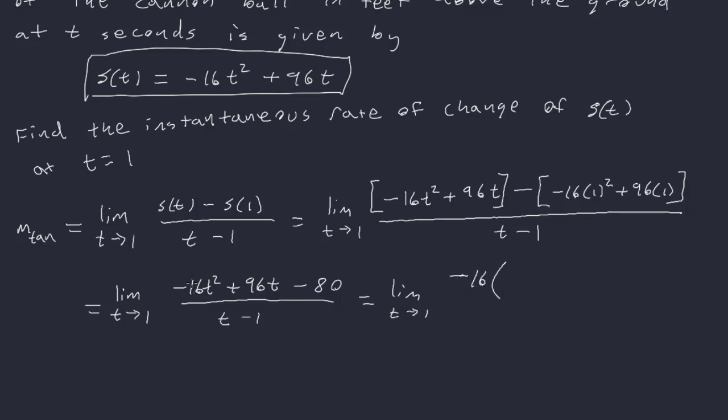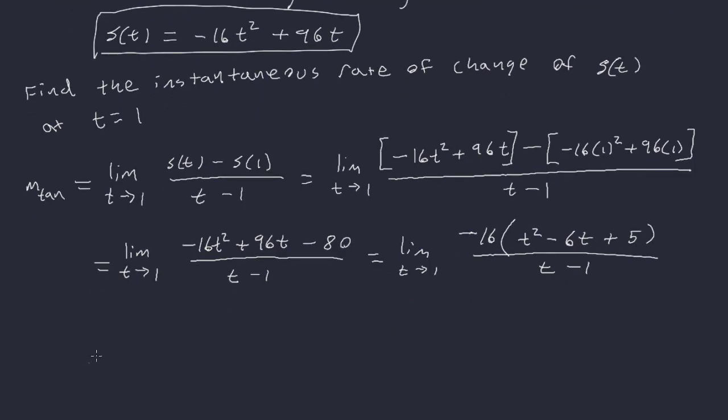So I have a negative 16, then I'll be left with t squared minus 6t, then plus 5, when we take 16 out of 80, we'll get 5. So now it looks like this can factor because we want factors of 5 that will sum up to negative 6. So negative 5 and negative 1 will do that.